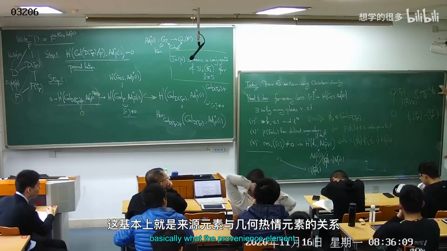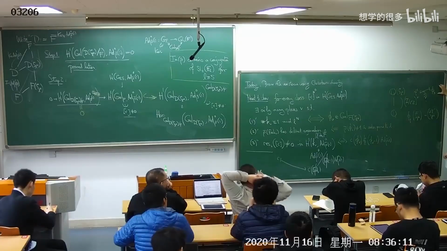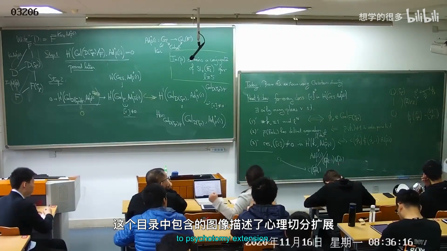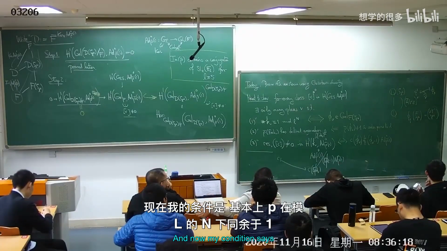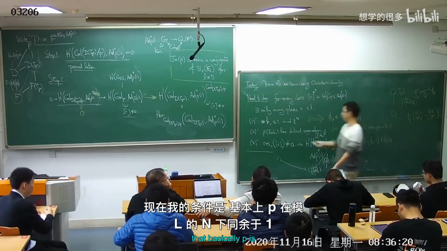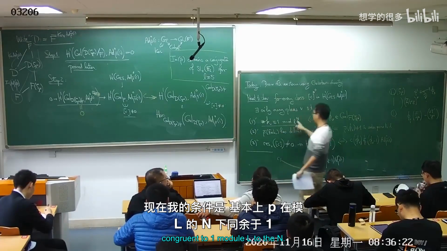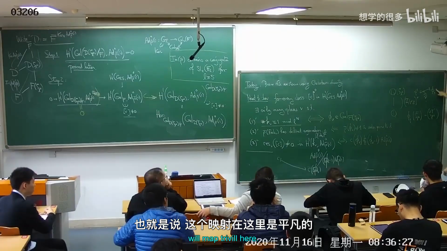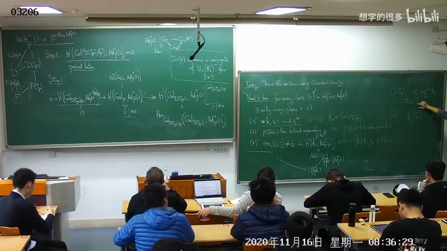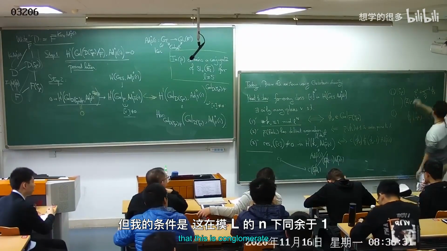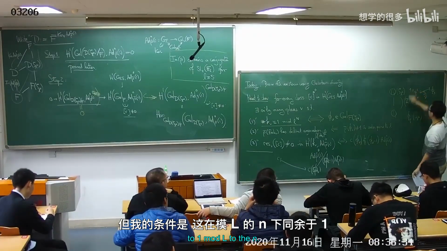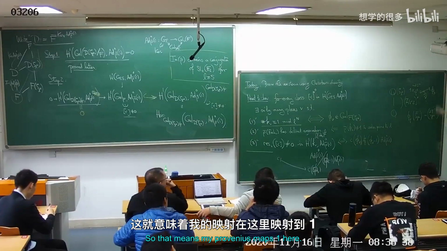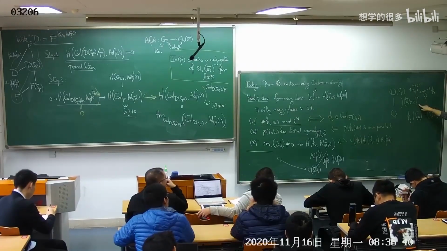So that's the image of the geometric Frobenius element p in this Galois group of the cyclotomic extension. And now my condition says that P is congruent to 1 modulo L to the N. That's to say this Frobenius will map trivially here, because P is congruent to 1 mod L to the N. So my Frobenius maps to 1 here.